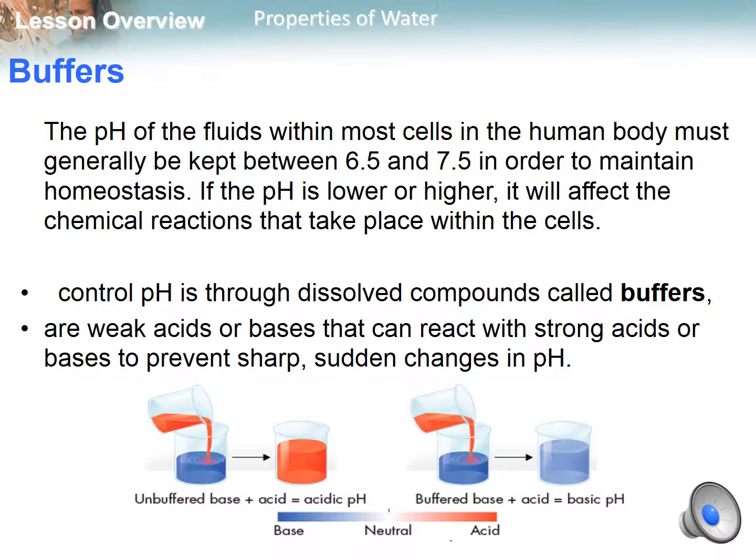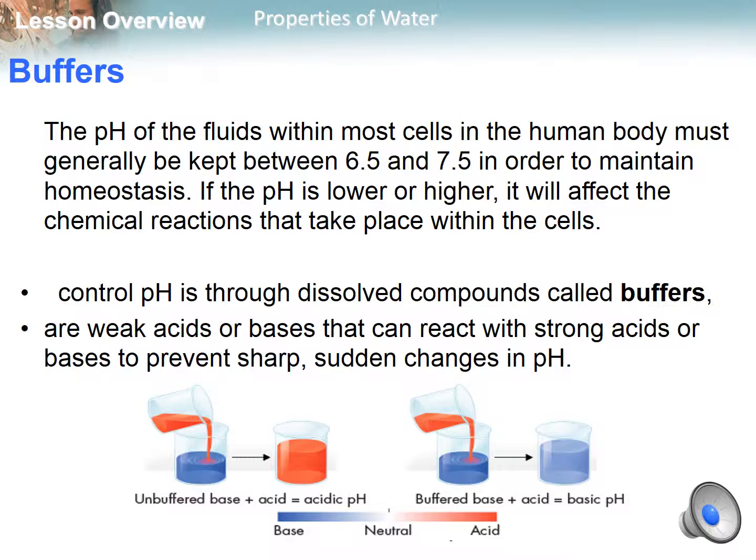So in your body, the pH should generally be kept between 6.5 and 7.5. And obviously, the closer you get to 6.5 or to 7.5, the more chance of dying. But it needs to be around 7.2, 7.4 in order to maintain homeostasis. So controlling pH can be done with compounds that are called buffers.